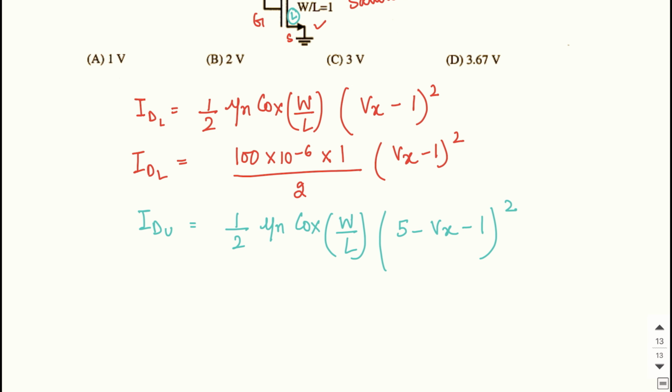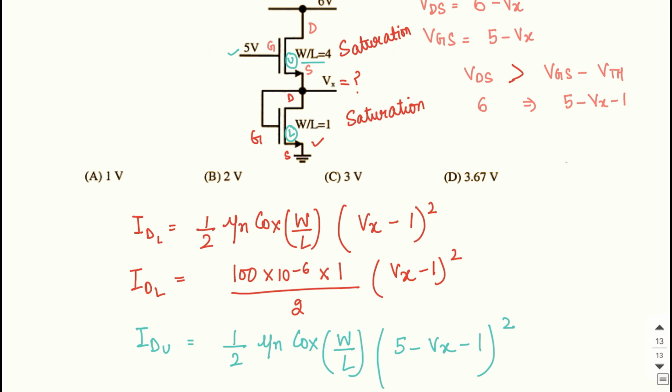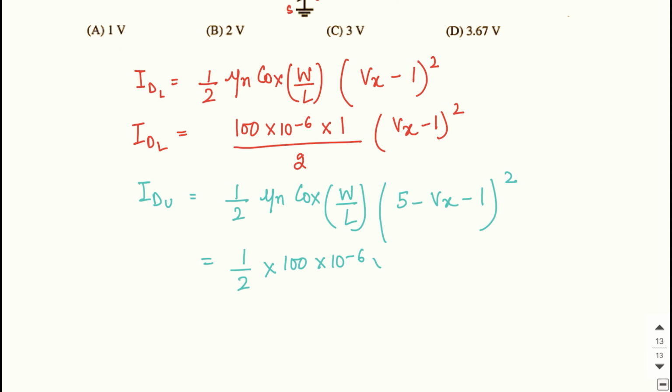Now again we are given the value of mu n Cox, so this is half into 100 into 10 power minus 6. But if you notice, the W by L value for the upper transistor is 4. So the aspect ratio, that is the W by L value, is 4 now. 5 minus Vx minus 1 whole square.